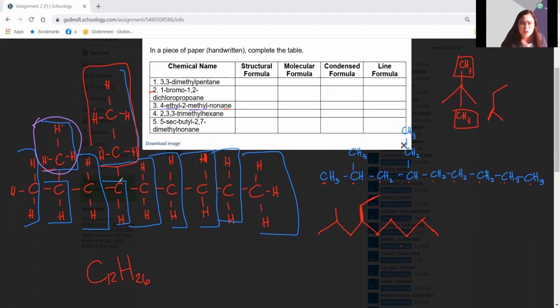So at 1, 2, 3, 4, and this carbon, may nakadugtong ka daw na dalawang carbon. Eth means dalawang carbon. So that is the reason why dalawang carbons talaga ang nakalagay dyan. Okay? So please take note of the names of the substituents. Meth means isang carbon and eth means dalawang carbon. Okay? Anything else?